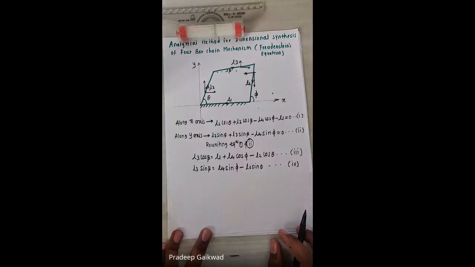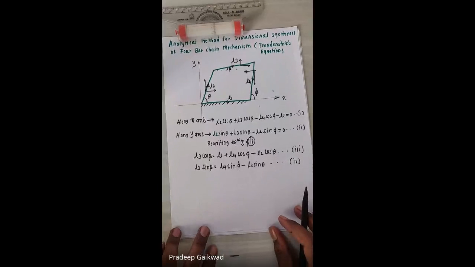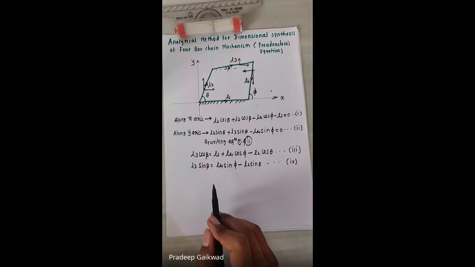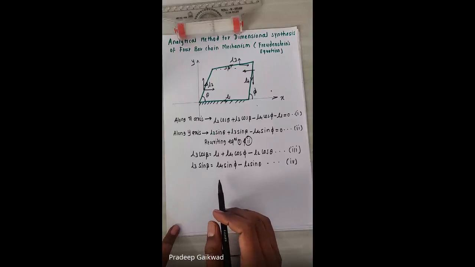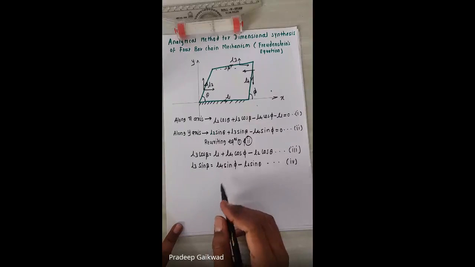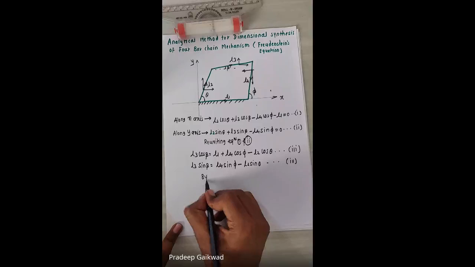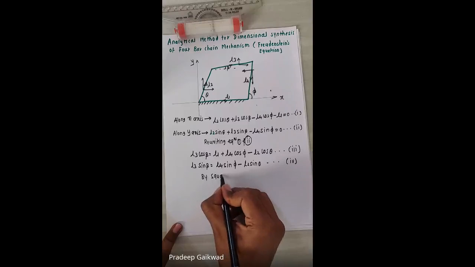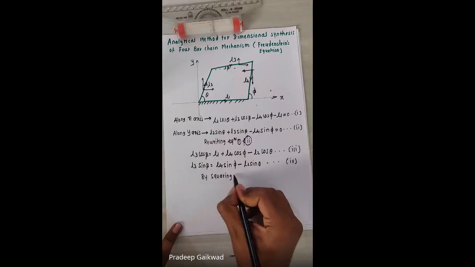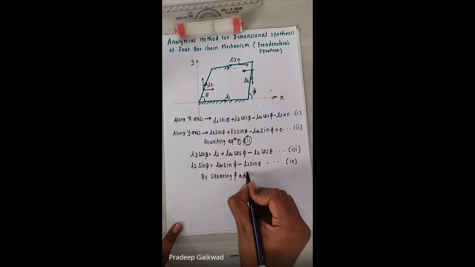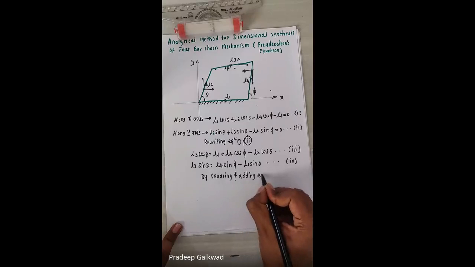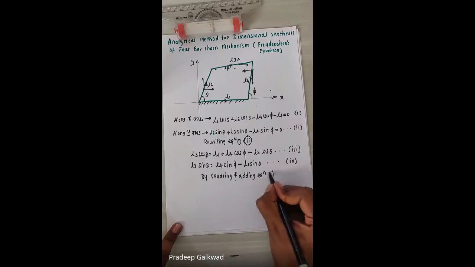Now, as I want to find the link lengths like L1, L2, L3, L4, I want the equation in terms of those, so I'll try to simplify these trigonometric terms. In order to get L3, we can square and add these two equations, 3 and 4.